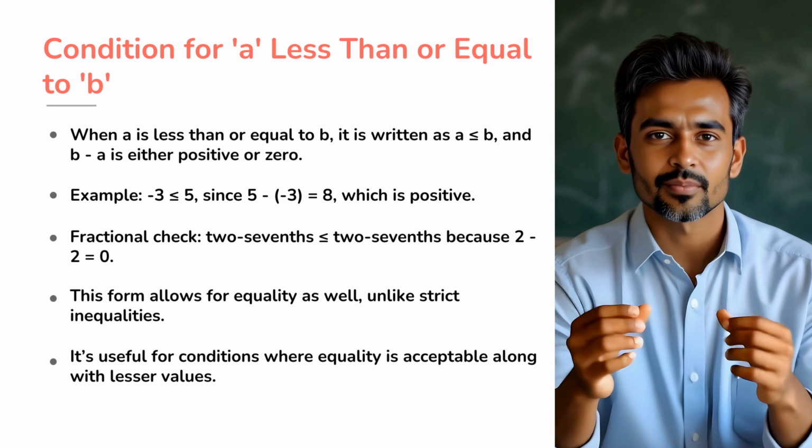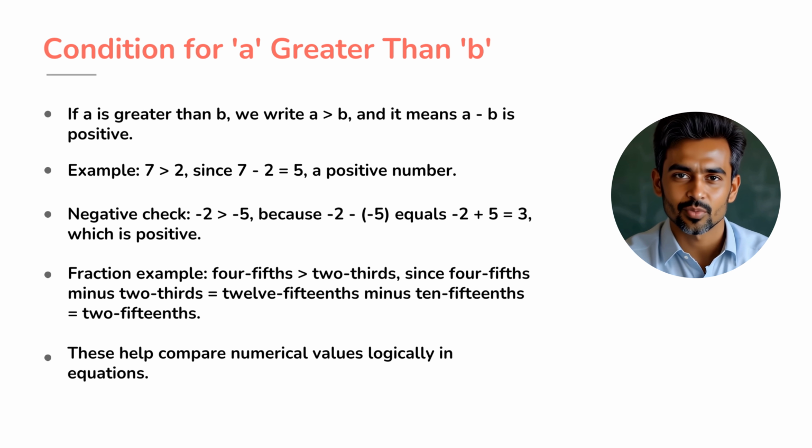Let's flip the scenario. What if A is greater than B? We write it as A angle bracket opening to the right B. That means A minus B is greater than 0. For example, 7 is greater than 2 since 7 minus 2 equals 5. 5 is positive. Let's try a negative pair: negative 2 is greater than negative 5. Negative 2 minus negative 5 equals negative 2 plus 5, which equals 3.